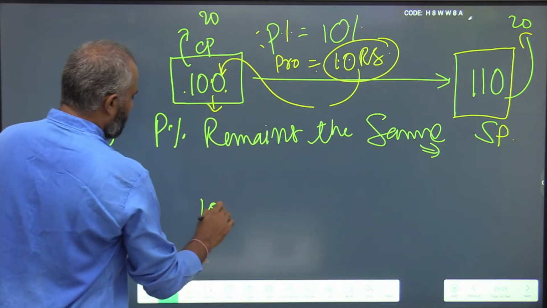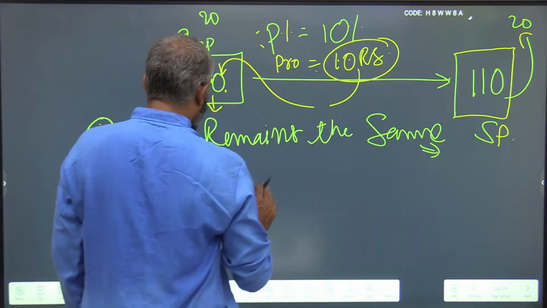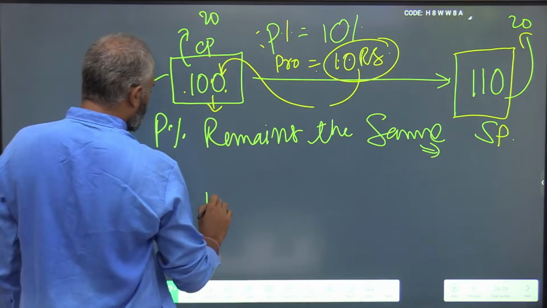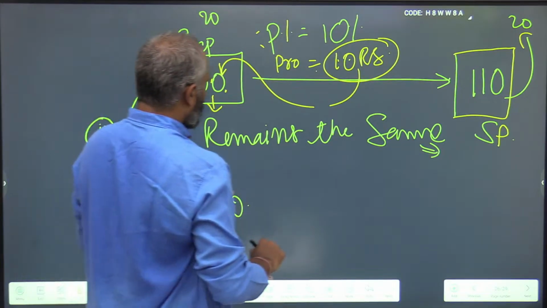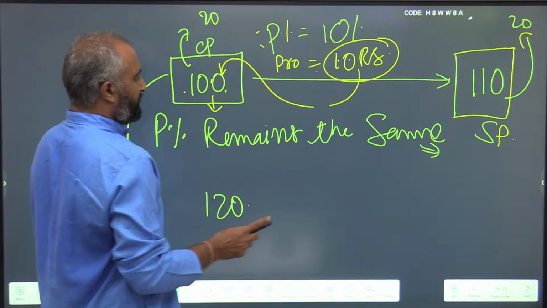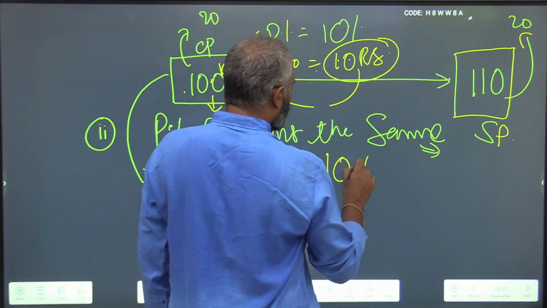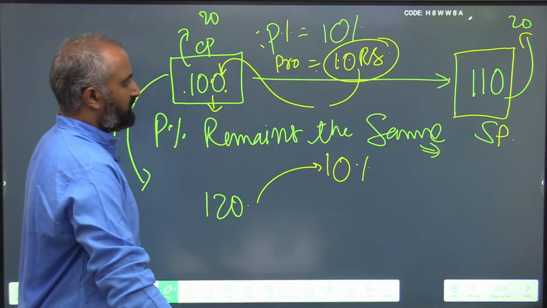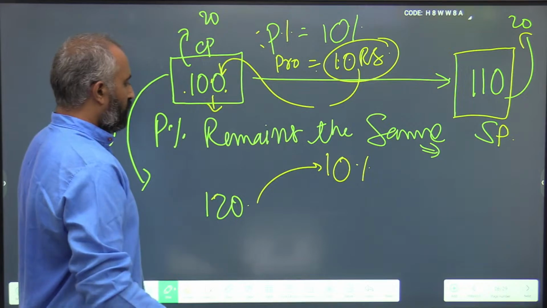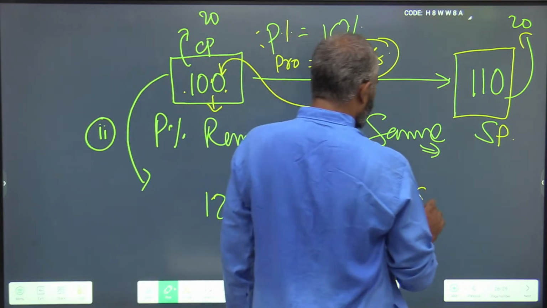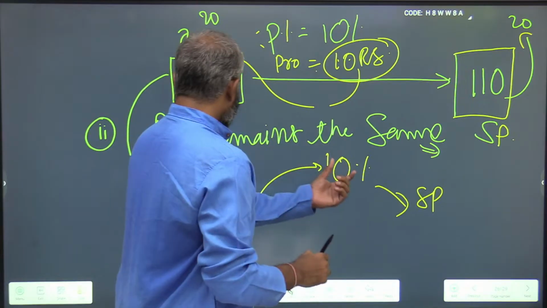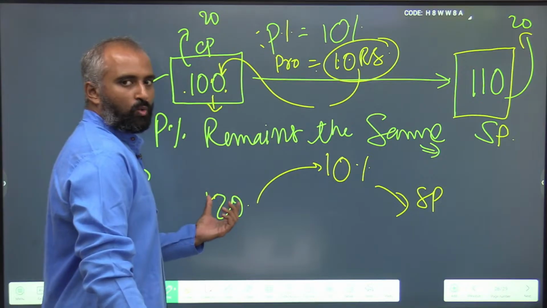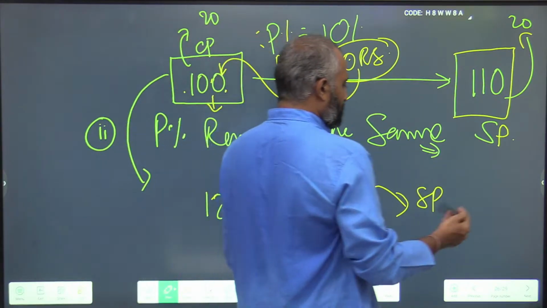Let us take 100, and I have increased the CP by 20 rupees, so it has become 120. I want to maintain my profit percentage as 10% only. So what should be my SP? 10% of 120 is 12. So 120 plus 12 is 132.